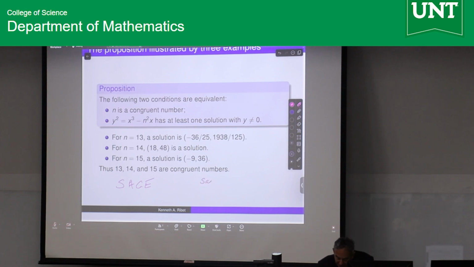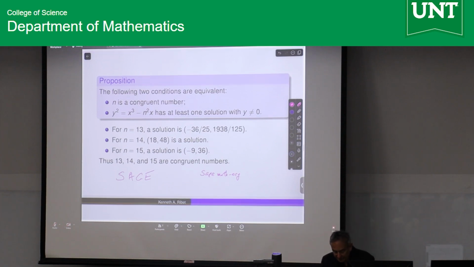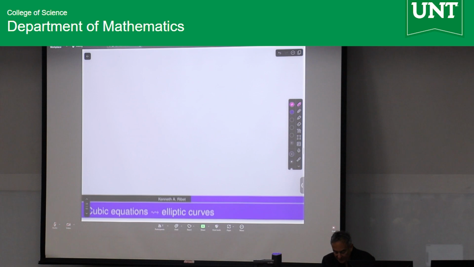It's a good package, which you can get from sagemath.org, and you can download it for your laptop and play around with it. There's a lot of decent documentation online. You can search, how do I find rational points on the elliptic curve using SAGE? You'll get to the description, and you can try it out for yourself, which is actually a lot of fun.